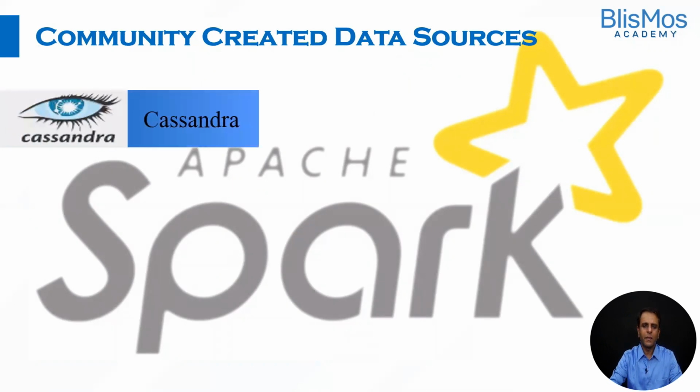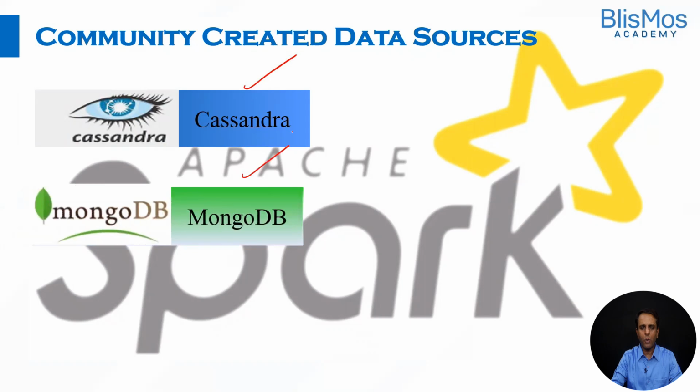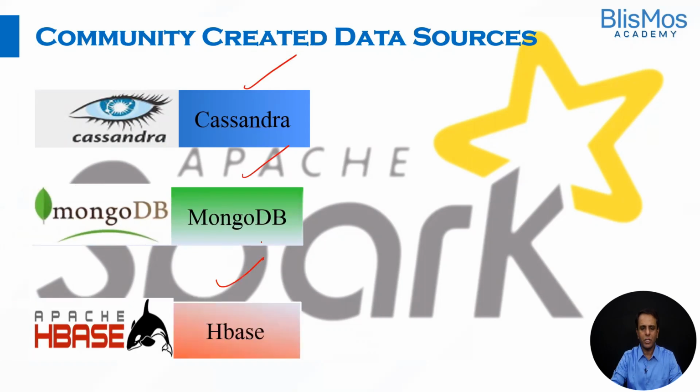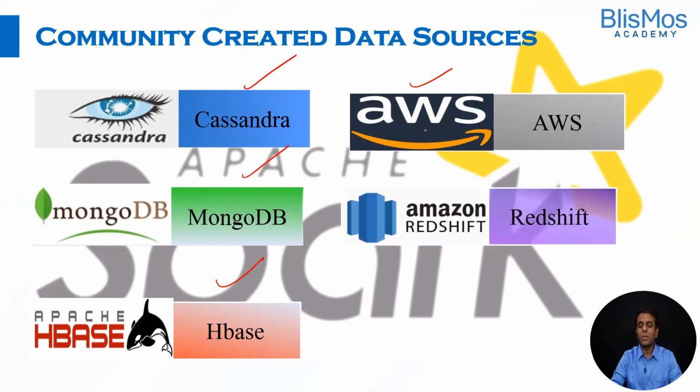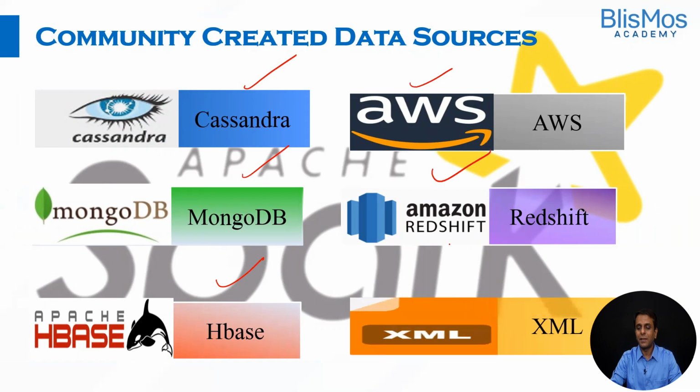Some of them being Cassandra, MongoDB, HBase, AWS, Amazon Redshift. The next one is XML. So these are the different community created data sources which Spark is supporting. Not only this, there are many more including these community created data sources.